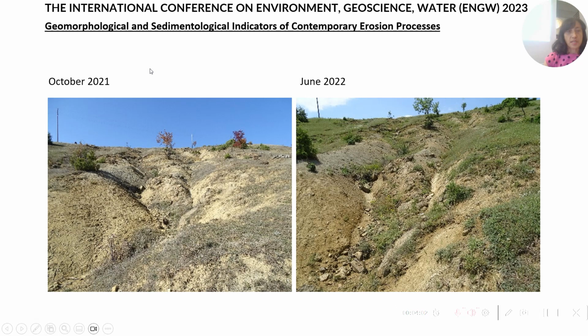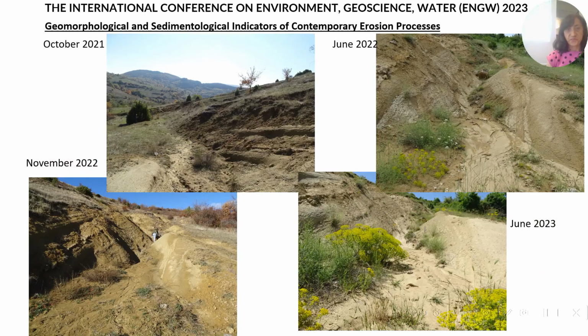If we consider the images from October 2021 and June 2022, we can see clearly parts of the flows on the image of June 2022. Actually, this image was taken a few days after the heavy rain in this area.